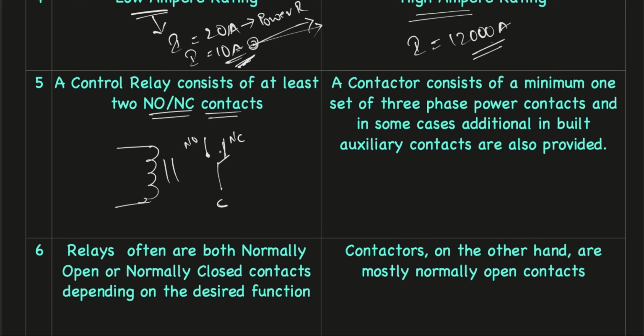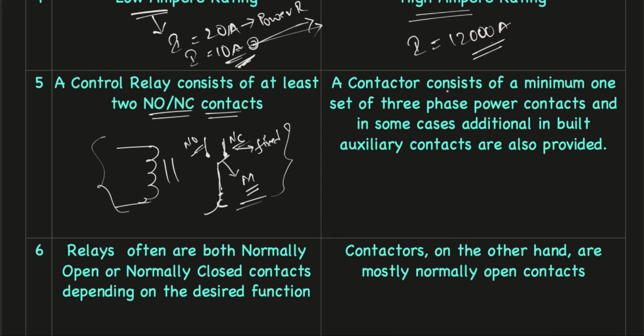So basically you have two fixed contacts and this is a movable contact. The phase is connected to the common and will shift between NO and NC contact. So basically in a relay you have at least two contacts, NO and NC.